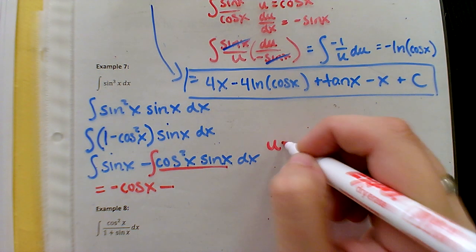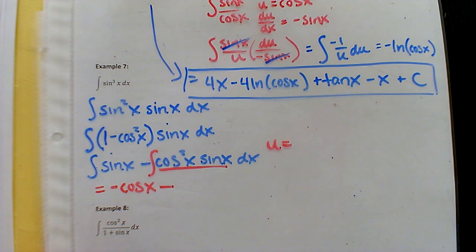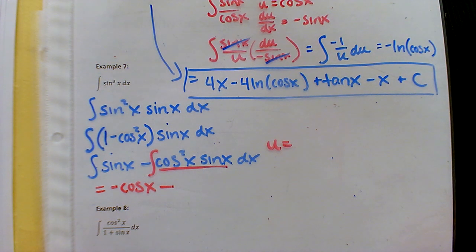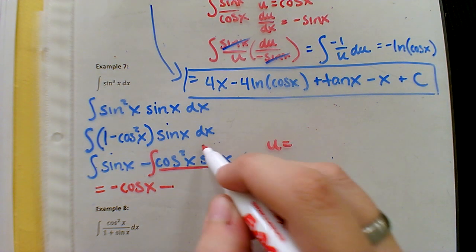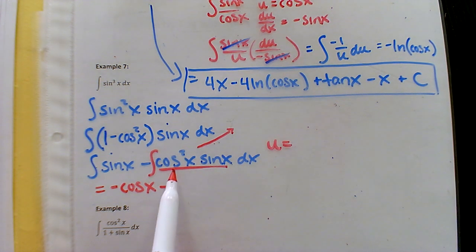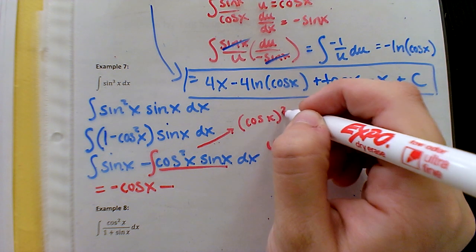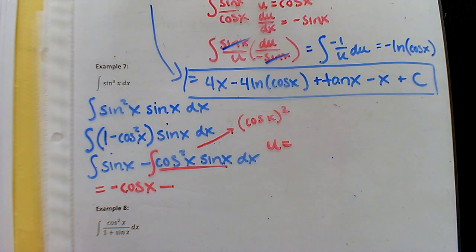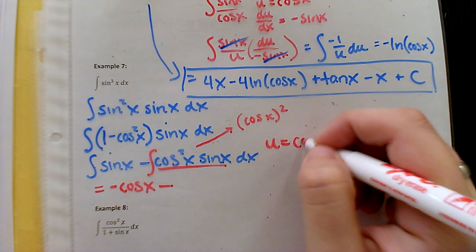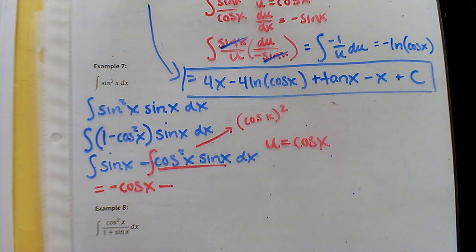What do you want to let u be? What's kind of on the inside of something? Okay, so this is what's tricky. I know we write it as cosine with that little 2 there, but that means cosine of x, squared. So we can let cosine be the inside part.